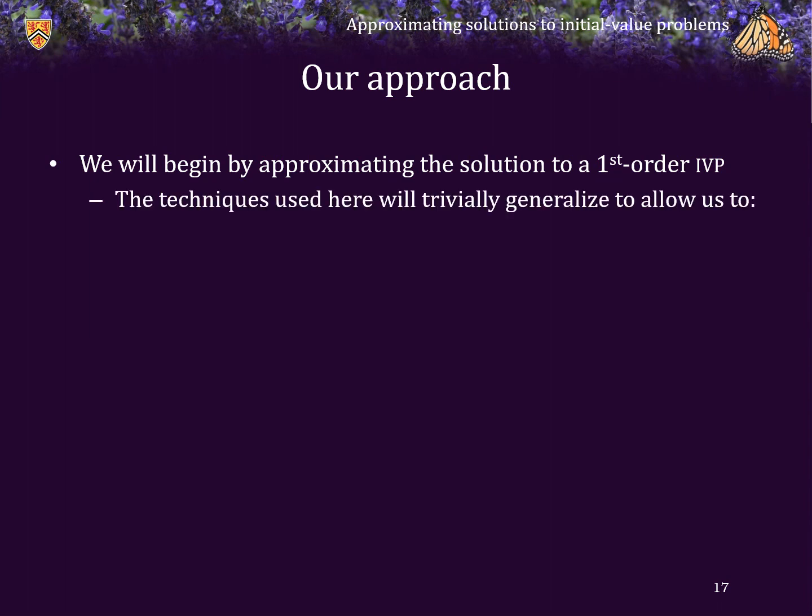What's really nice about this is that the techniques we find here can then be trivially generalized to allow us to, for example, find or approximate a solution to a system of n coupled first-order initial value problems.